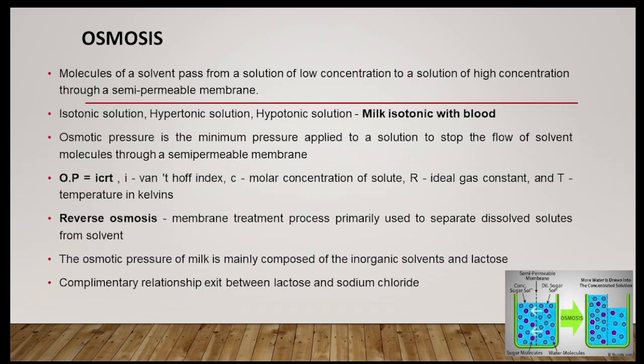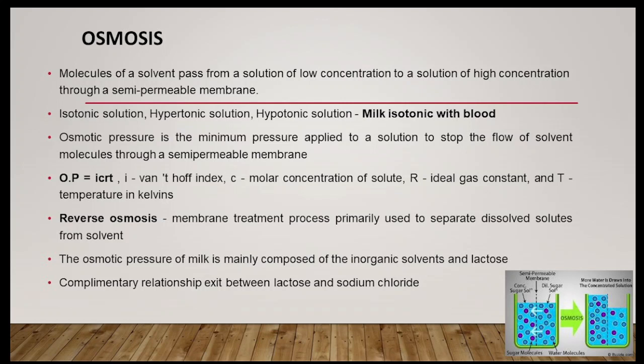Osmosis occurs naturally all around us. Plants taking up water and nutrients from the soil all occurs by the process of osmosis. When there is a higher concentration of solute, the solvent will move in that direction.